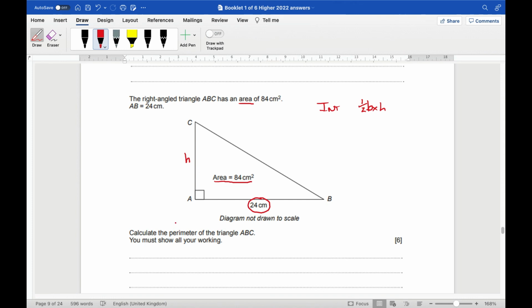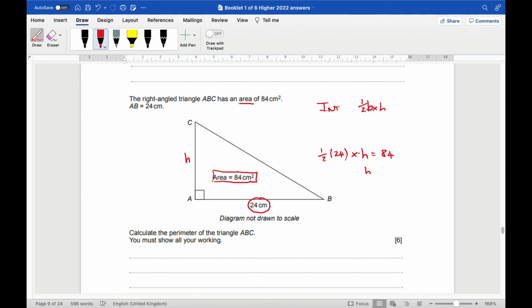In other words, I need to know this, this, and this, right? Well, I only know one of those so far, so why have they told me the area? Well, I assume they told me the area because I need to work out what the height is, okay? So, if I half 24, I get 12. What do I have to times that by to get 84?